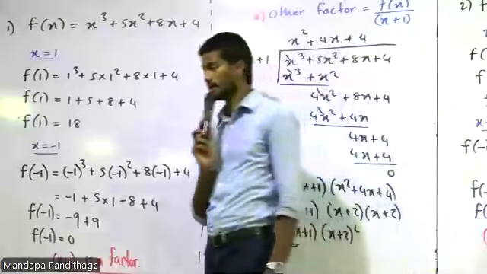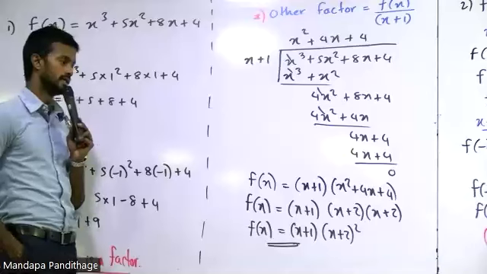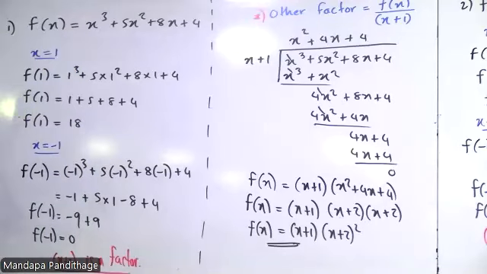After finding one linear factor, the other factor can be found using a division method.